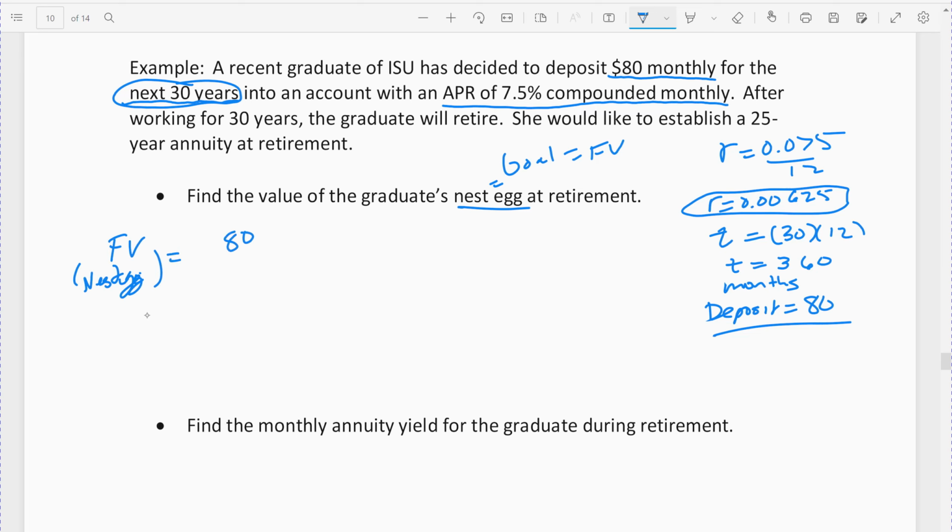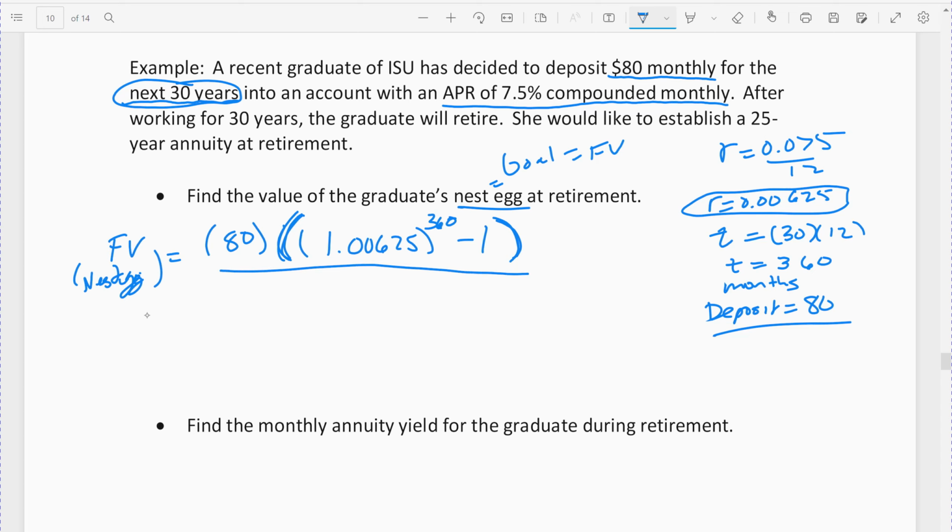All right, so the future value, which is the nest egg, equals the deposit times 1 plus R, so 1.00625 raised to the 360 minus 1. Now in this case, you only need the parentheses around the minus 1 if you do the addition in your head.